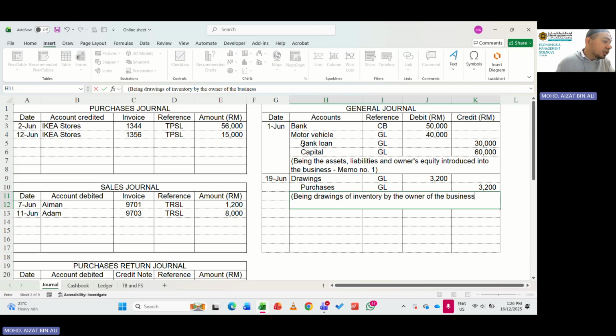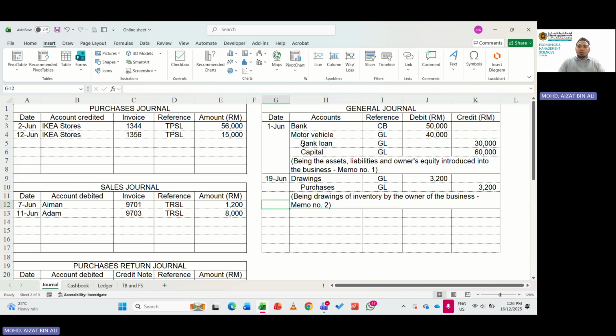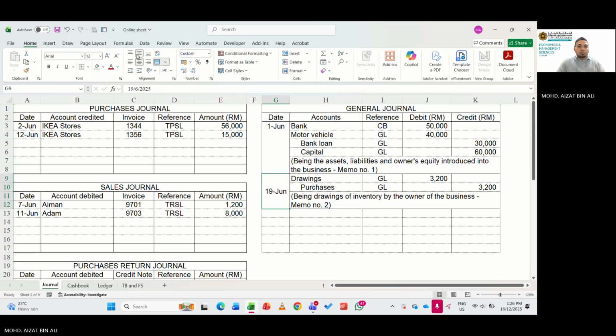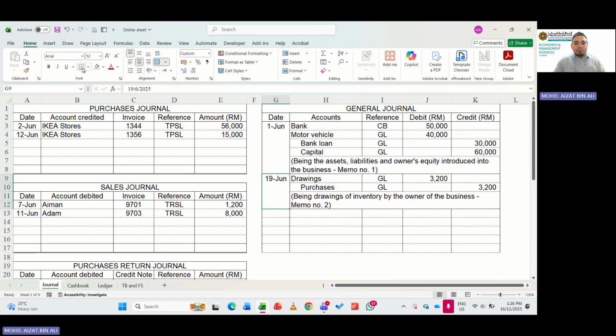Do we have any document number there? Memo number 2. Okay, so this is how we record it. All right. So this is the drawings in the general journal.